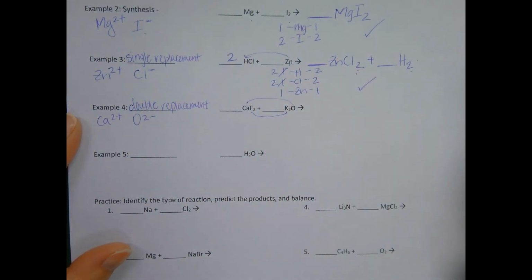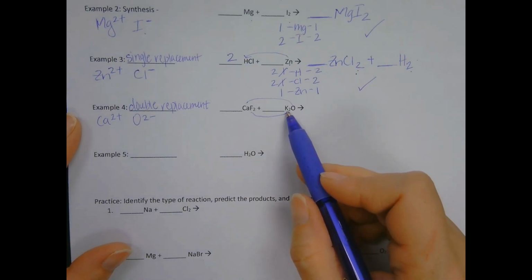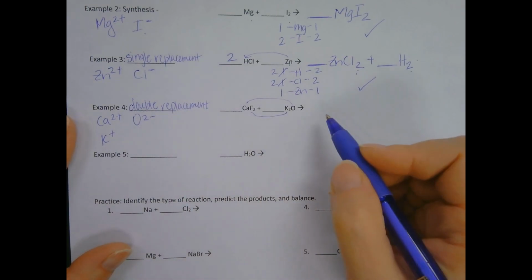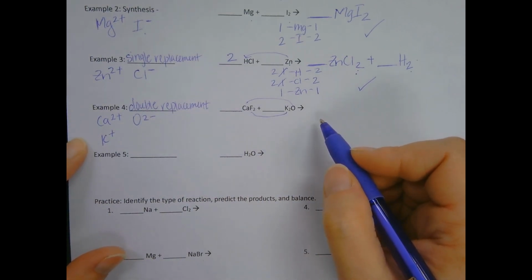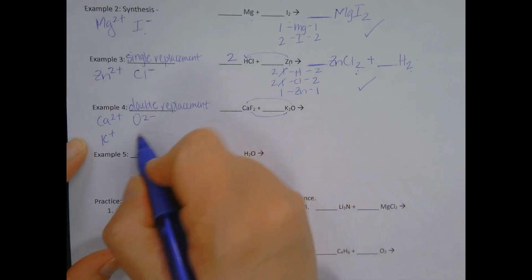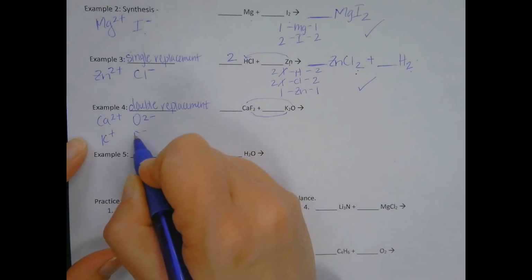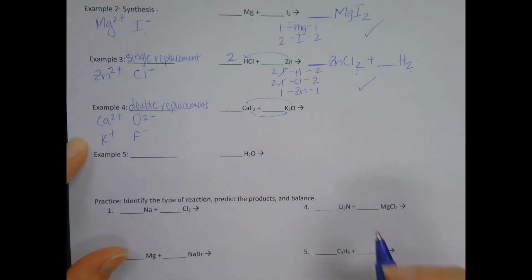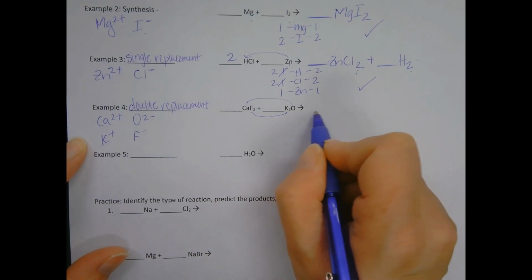These are ionic formulas. And then our other compound will now be potassium, K, which is a 1+ because it's in group 1A, and fluorine, which is a 1- because it's in group 7A. It's going to make it a lot easier for us to crisscross these and write the correct formulas when we have the ions and charges written out.